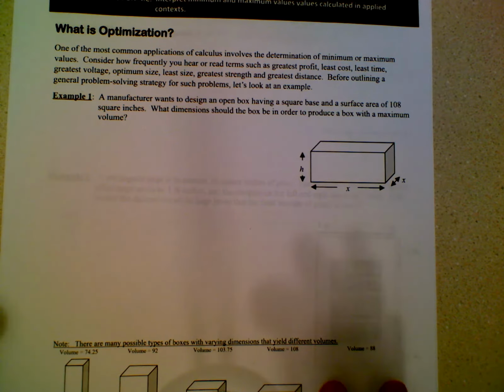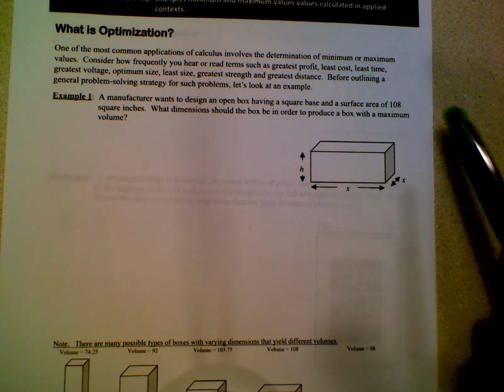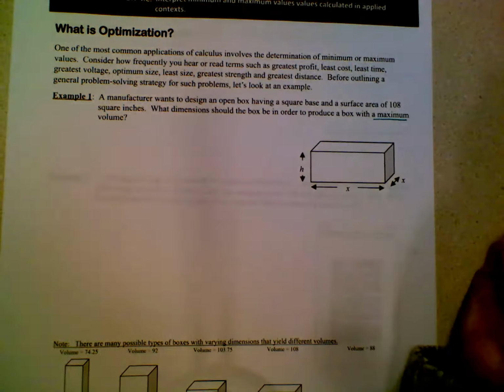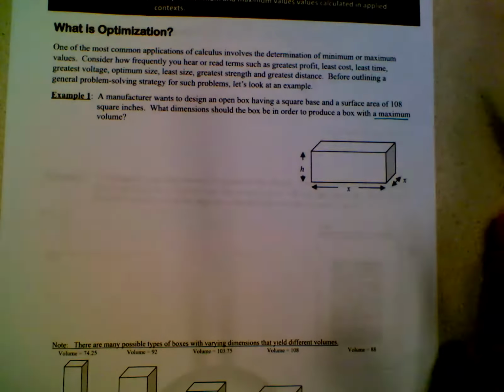All right, so let's get into this first example. It says a manufacturer wants to design an open box having a square base and a surface area of 108 square inches. What dimensions should the box be in order to produce a maximum volume? So we're going to maximize this problem. Now, we're looking for a max volume.